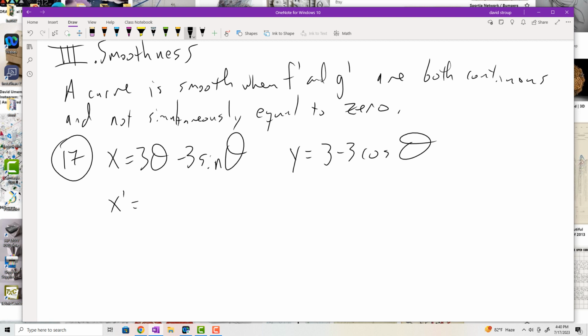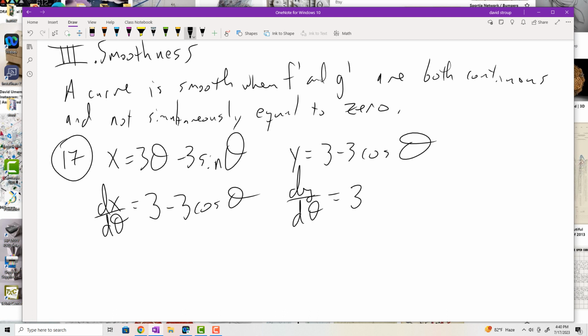If I write it out in Leibniz notation, dx with respect to theta: the derivative of 3 theta would be 3, and then minus 3 cosine theta. And then the derivative of y with respect to theta: the derivative of 3 is 0, the derivative of cosine is negative sine, so negative negative is positive, 3 sine theta.